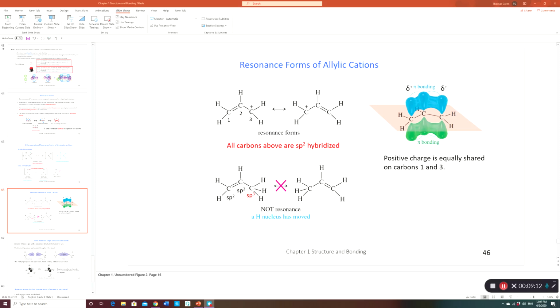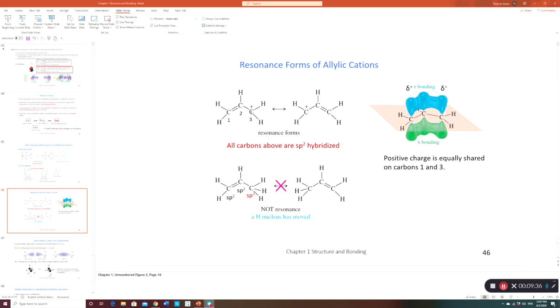So let's take a look at one more example of resonance forms. In this case, I'm talking about the resonance forms of what is called the allylic cation. This is actually an intermediate that we're going to see in a lot of chemical reactions. And it's a cation. That means that there's a positive charge on a carbon here. And you can see the Lewis structure of this allylic cation over here on the left.